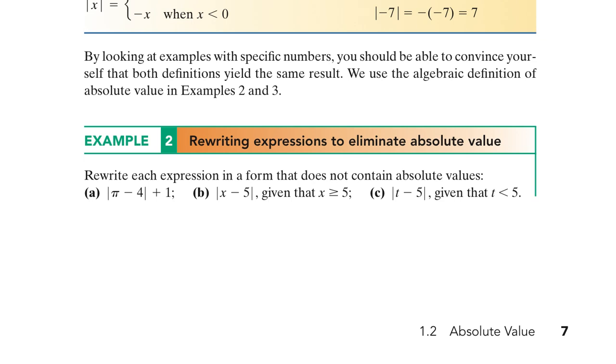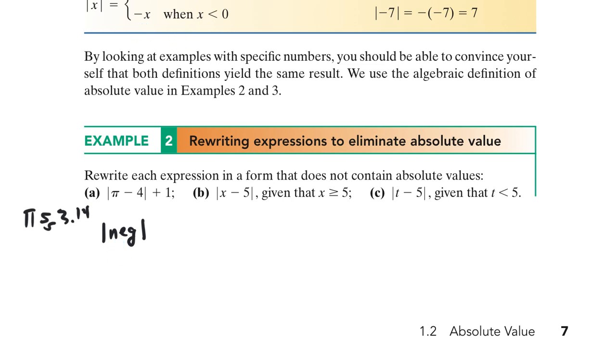We have something that's going to be negative, because pi, if you remember, is about 3.14. So that means that we're going to end up taking the absolute value of a negative number, something that's smaller than 0. And since it's going to be smaller than 0, we can take advantage of this.